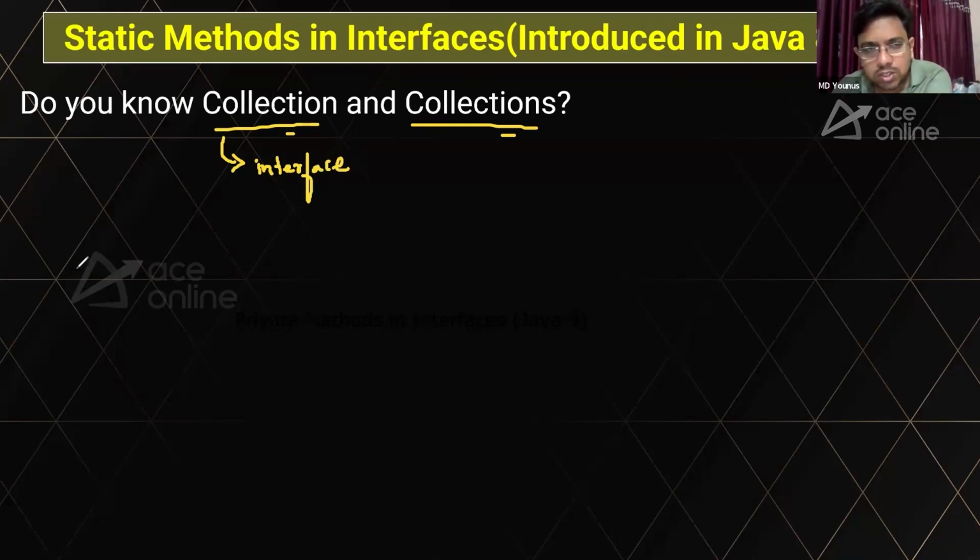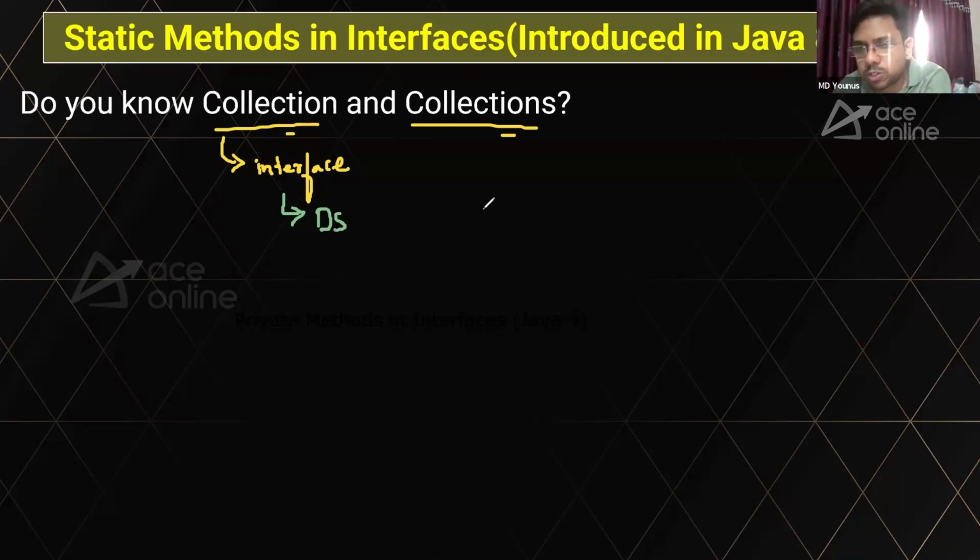It contains built-in data structures like list. Very nice. List again contains ArrayList, LinkedList and everything, right? It contains different data structures. In short, it contains different built-in data structures.